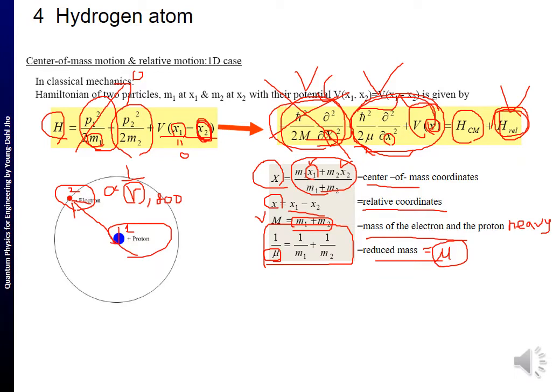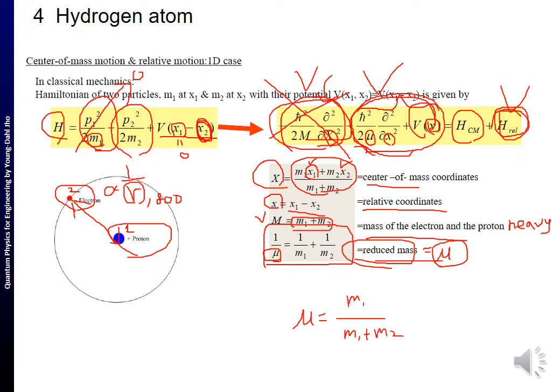And here we note that we previously solved only the single particle problem, and there was a mass m. That mass is now replaced by the reduced mass, and the others are just the same. If you calculate mu from this, you can easily see that mu is M1 M2 over M1 plus M2.